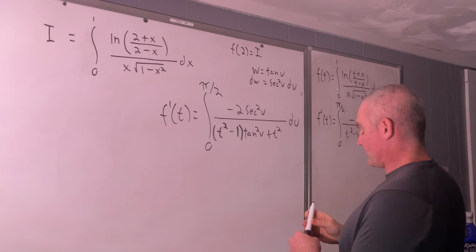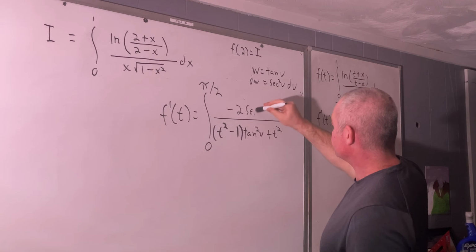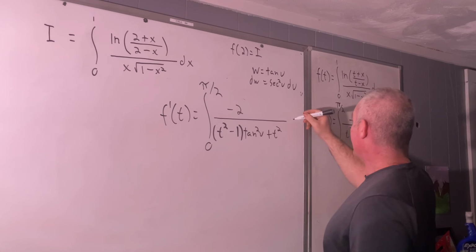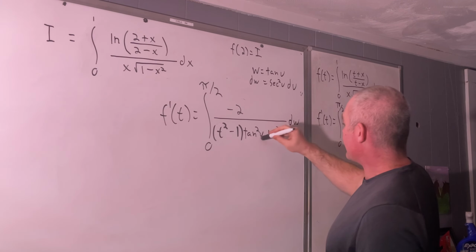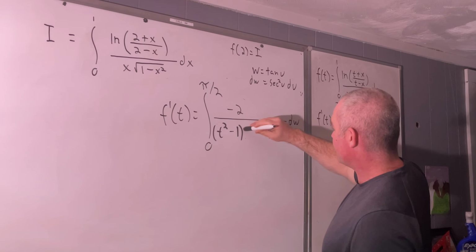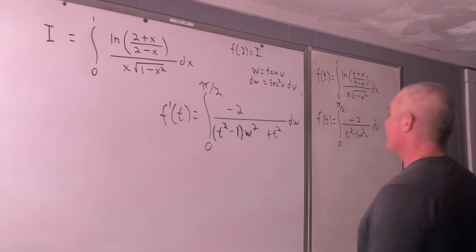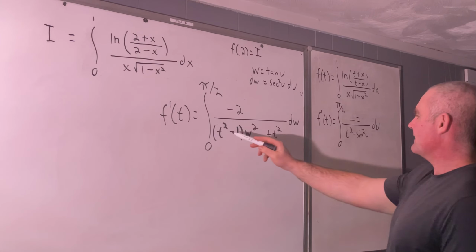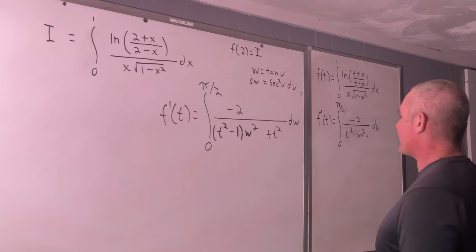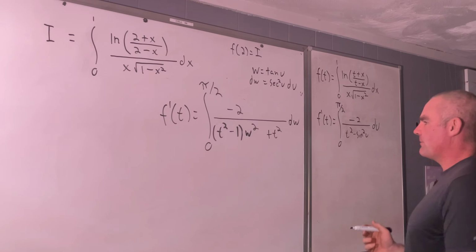Well, there's our secant squared u du right there. That becomes a dw. And this becomes a w squared. And that's it. And now you'll notice we have kind of a familiar thing. Don't forget this t squared minus 1 and this t squared, those are just constants.